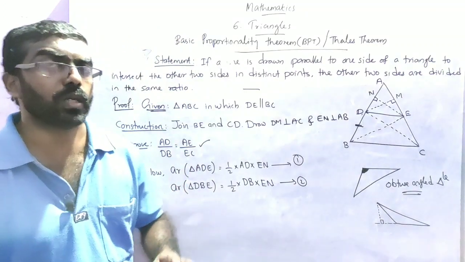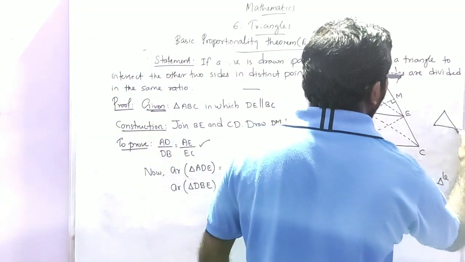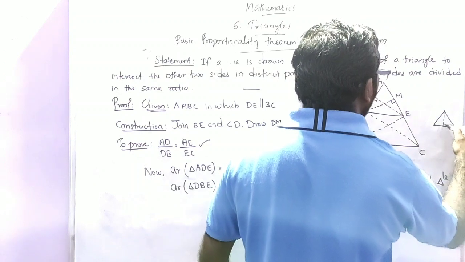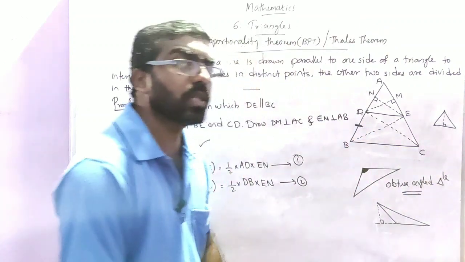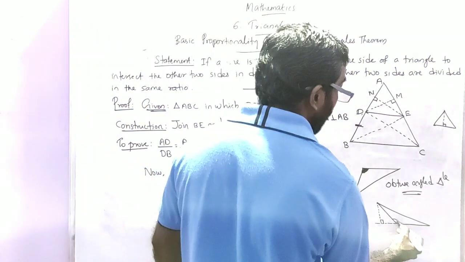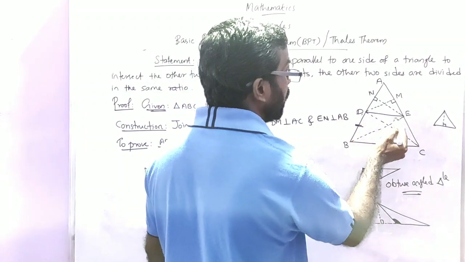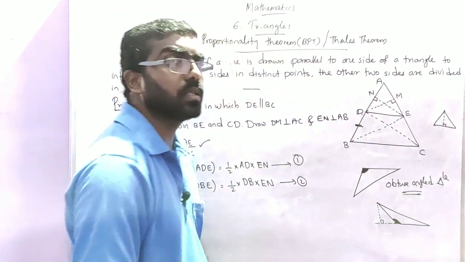Clear? So in an acute angle triangle, the altitude always lies inside the triangle, but in an obtuse angle triangle, the altitude lies outside the triangle. So here, being an obtuse angle triangle, the altitude lies outside the triangle.